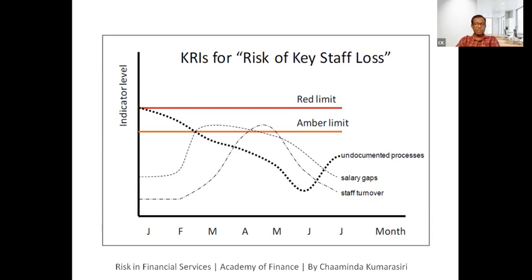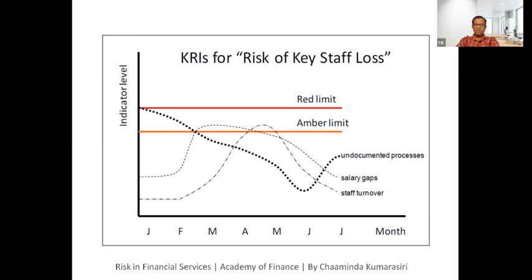That means 15% is the maximum you can tolerate. Beyond that, it's a risk. Now the amber limit you can set at, let's say, 10%. Your starting labor turnover is 6%, for argument's sake. And then you set the amber limit as 10 and the red limit as 15.